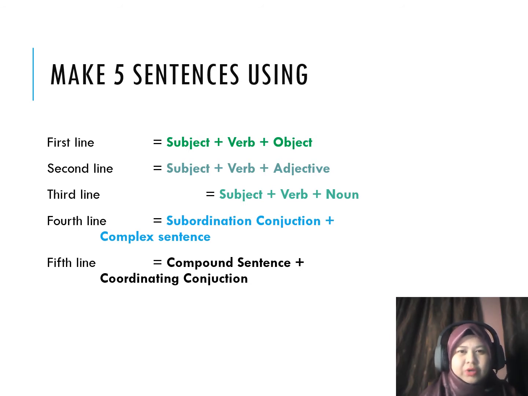Kita akan cuba buat 5 ayat daripada satu gambar. But don't worry, we are going to focus on the first line only, which is the subject, verb, and object. For the second, third, fourth, and fifth lines, you are going to learn it next week.